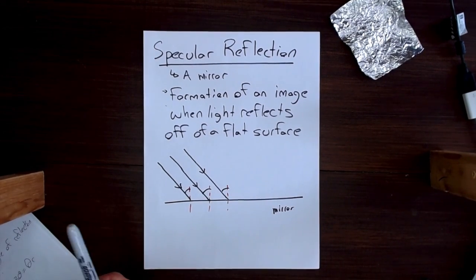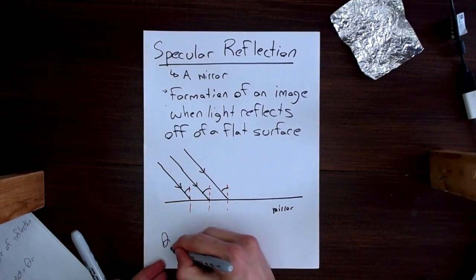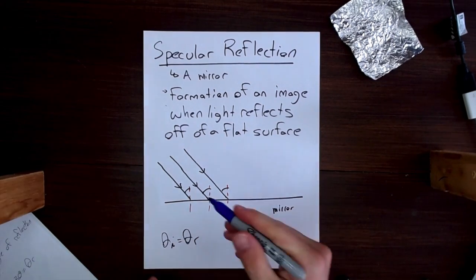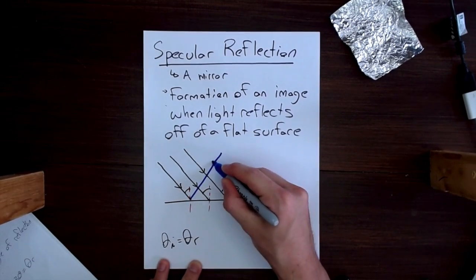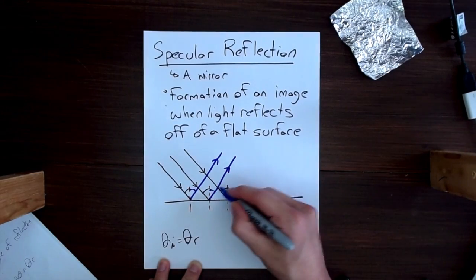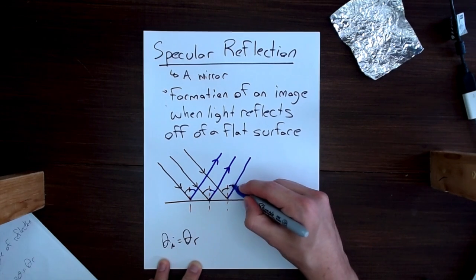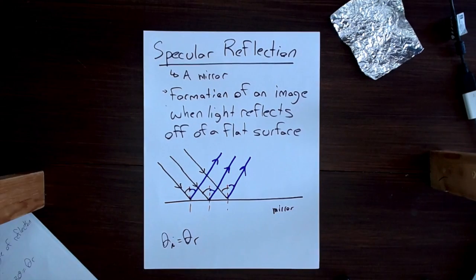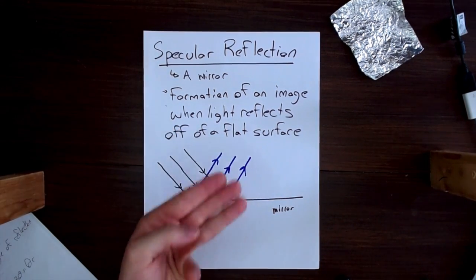And they all should in theory be the same. I know my diagram's not great. The law of reflection tells me that theta I equals theta R. So the reflected rays coming off should have that same angle. Just like that. Notice they come in parallel and they leave parallel.